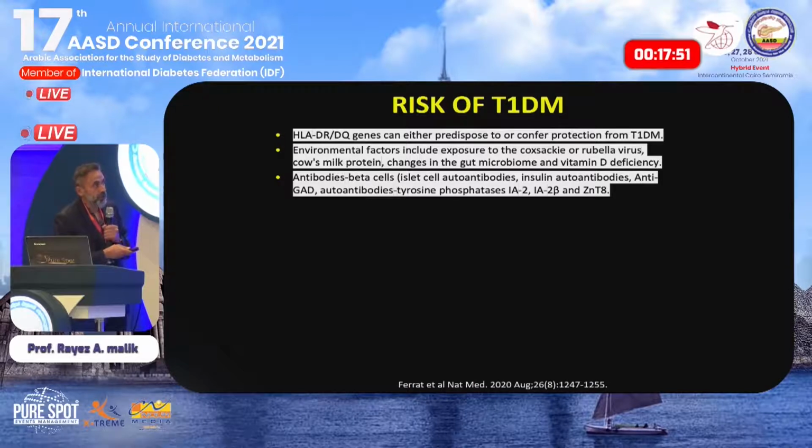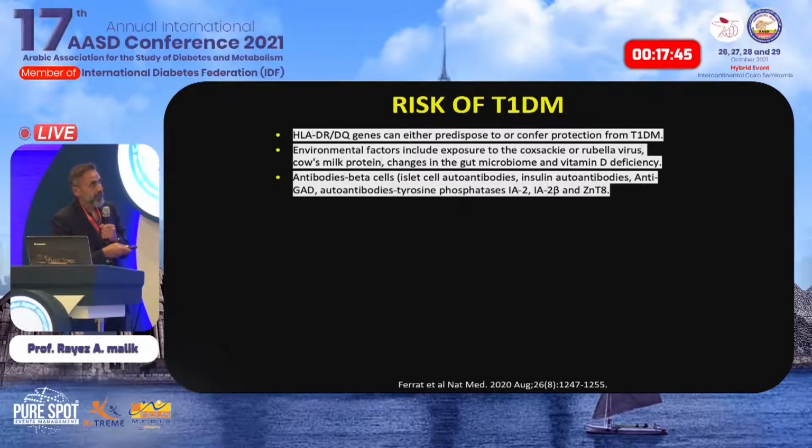common or garden type 1 diabetes, we know that the risk of developing type 1 diabetes is determined by HLA-DR/DQ genes, which can either predispose or confer protection from type 1 diabetes. We also know that there are environmental factors which include exposure to certain viruses, cow's milk protein, change in the gut microbiome, and vitamin D deficiency, which may increase the risk of type 1 diabetes.